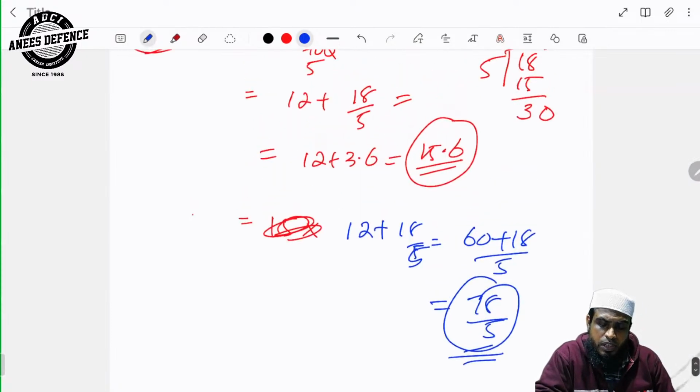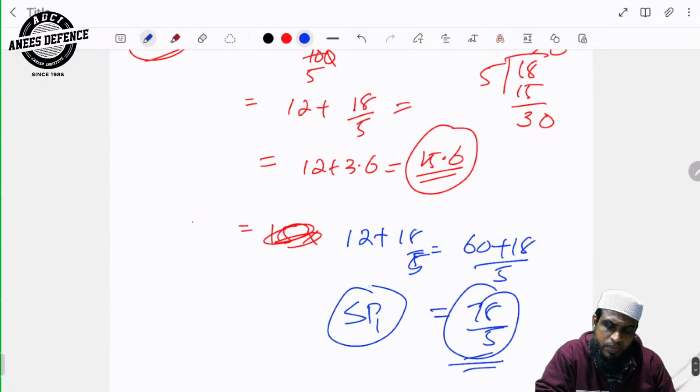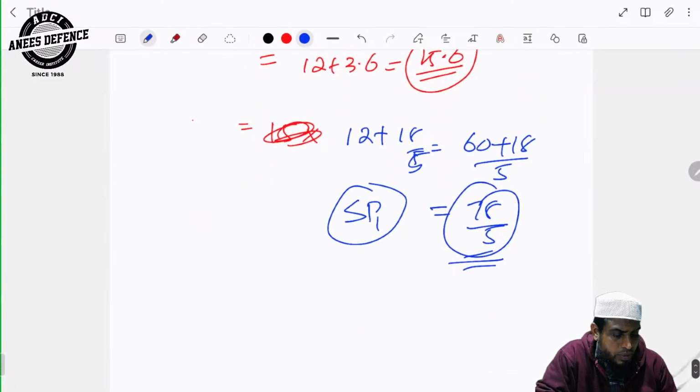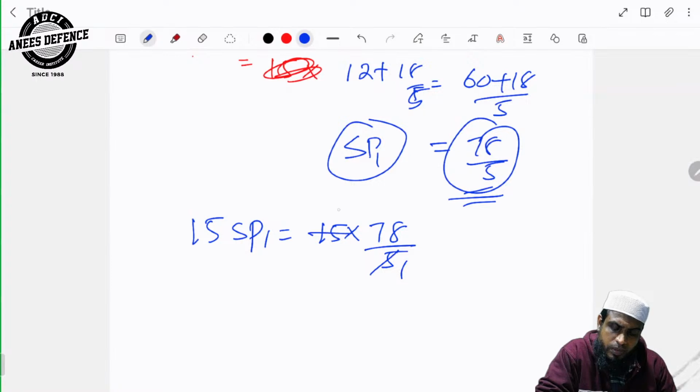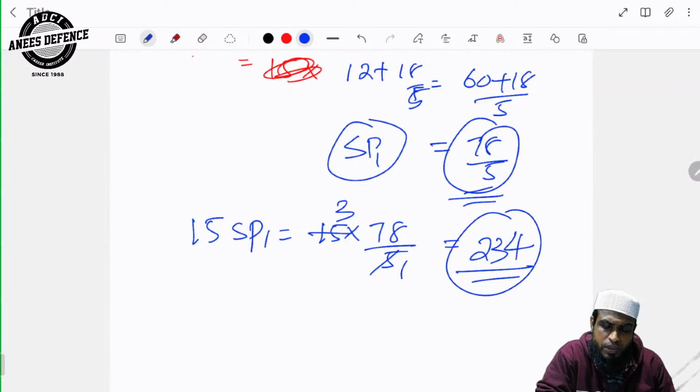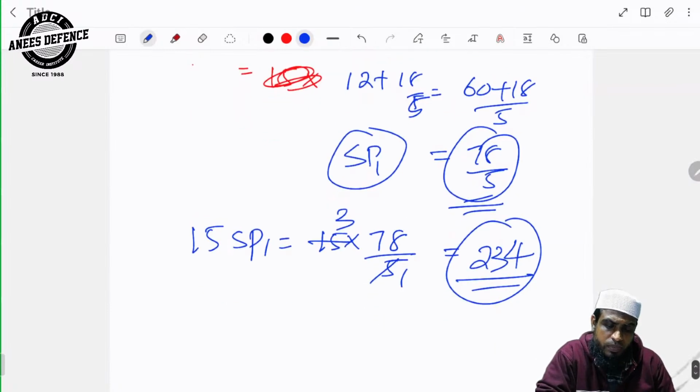This is the selling price of the first item. If you are selling 15 items with this amount, that means 15 into 78 by 5. So 234 rupees will be the selling price of the first lot.